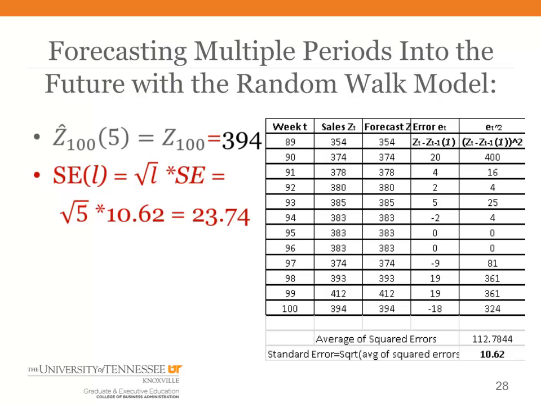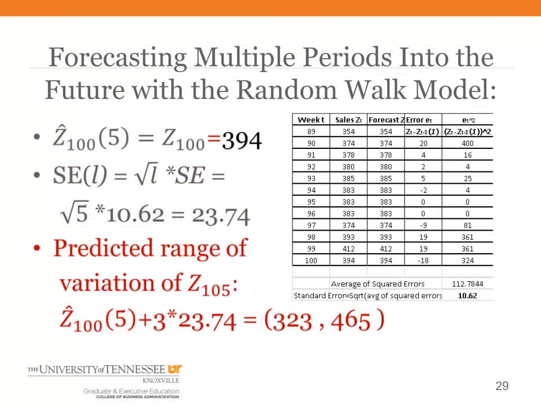23.74, which is quite a bit larger than the standard error that we get when we're only forecasting 1 week into the future. And that makes sense. The farther into the future we're forecasting, the wider the range of variation we would expect. And then the predicted range of variation for Z105 is the forecast plus or minus 3 standard errors, and in this case we're talking about the standard error of the 5-week forecast.